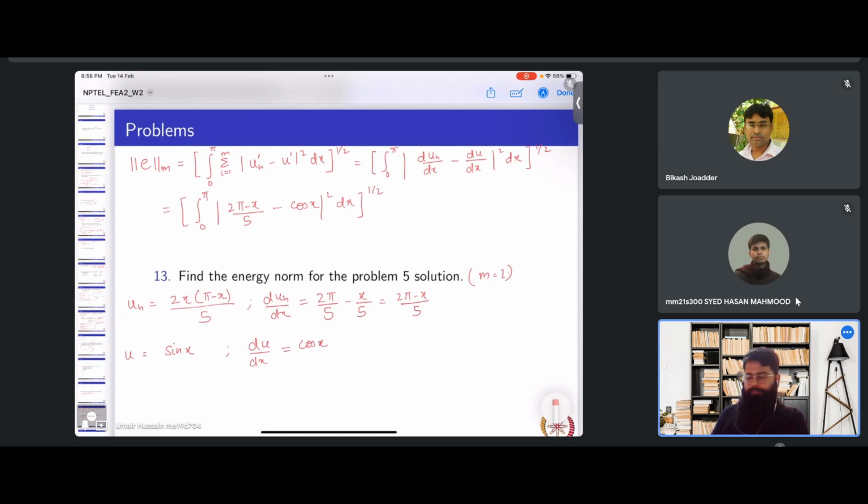We get square root of 0.3, that's 0.336, right? So yeah, that's how we calculate the error in energy.